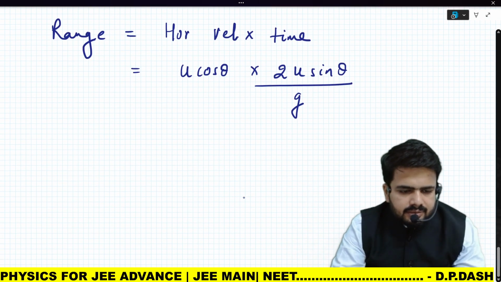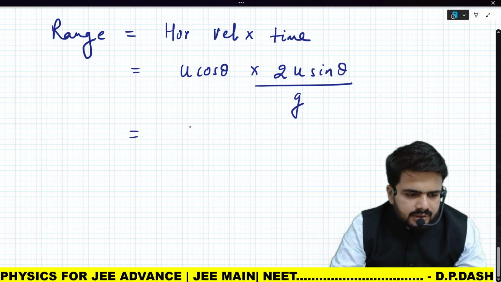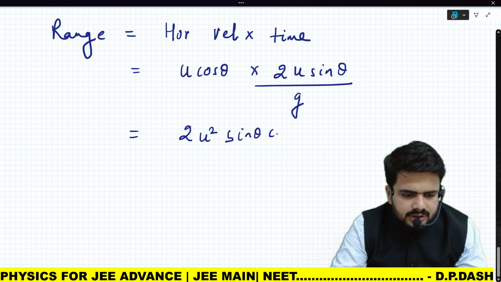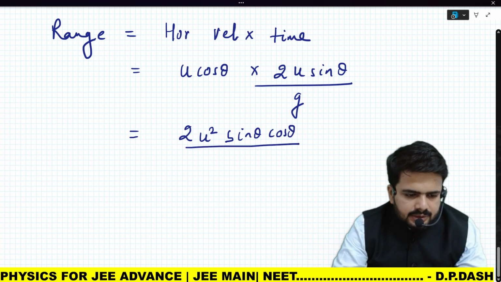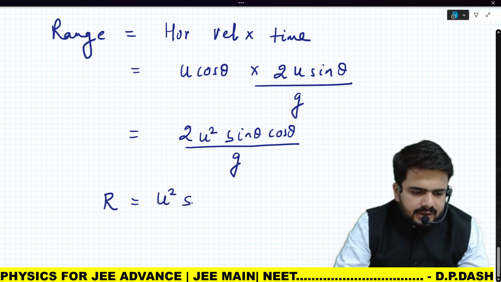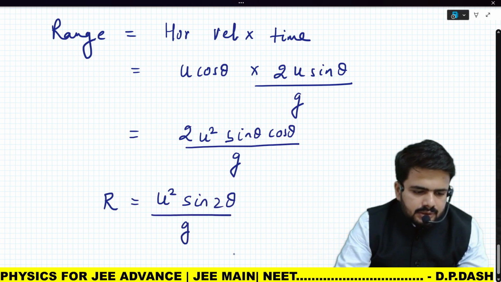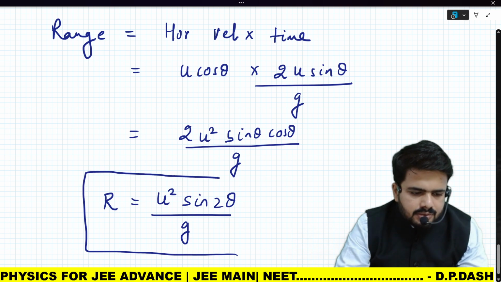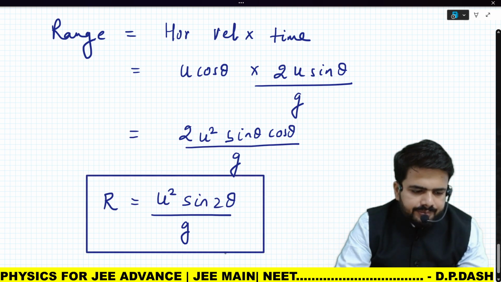When you solve this, you get 2 u square sin theta cos theta by g. Further simplifying, range equals u square sin 2 theta upon g.